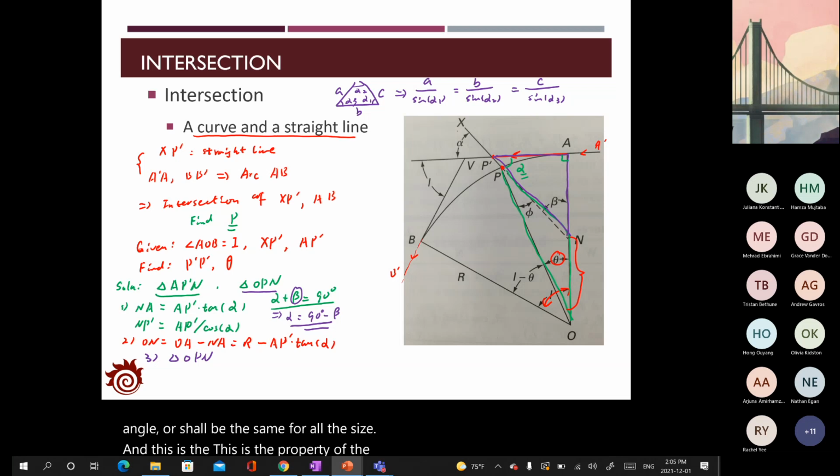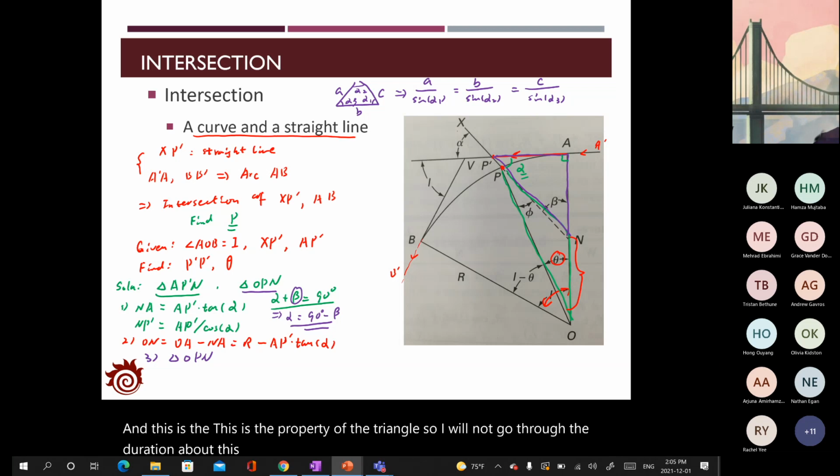I will not go through the derivation of this one, but we can apply this property to the triangle OPN.